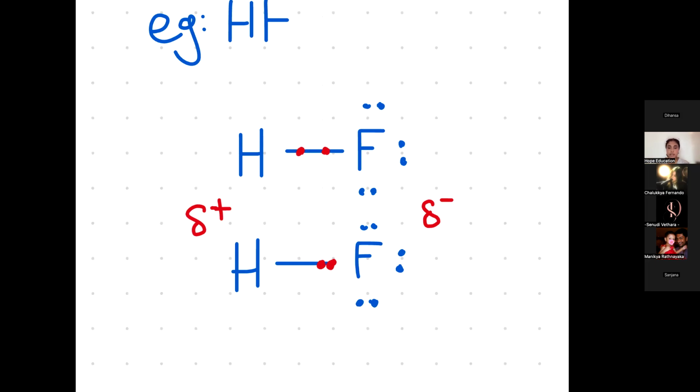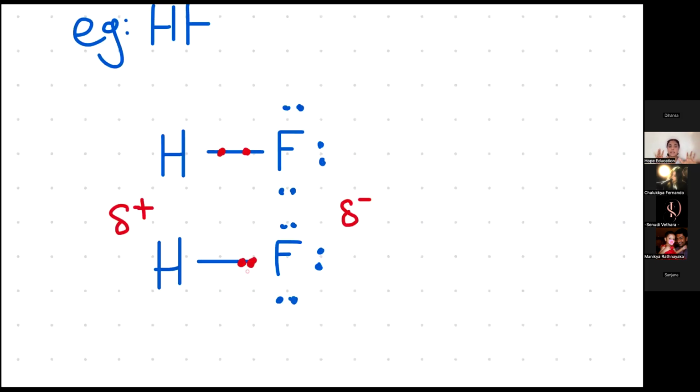Yes, I'll explain again. Hydrogen and fluorine are in a covalent bond, and one bond is made from two shared electrons. They belong to hydrogen and fluorine, but fluorine has a higher electronegativity. Electronegativity is the ability to attract the electrons in a bond towards itself.